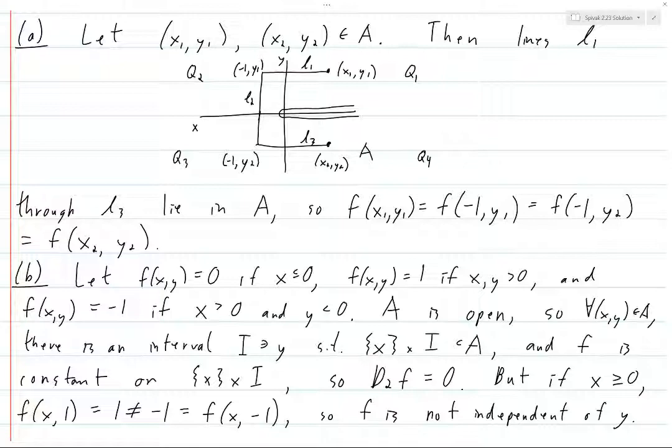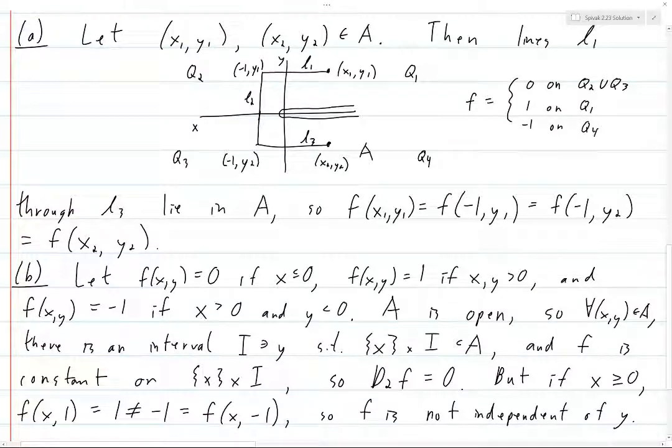This is all a tangent. But you could write f as: f is 0 on Q2 or Q3, it's 1 on Q1, and it's -1 on Q4.